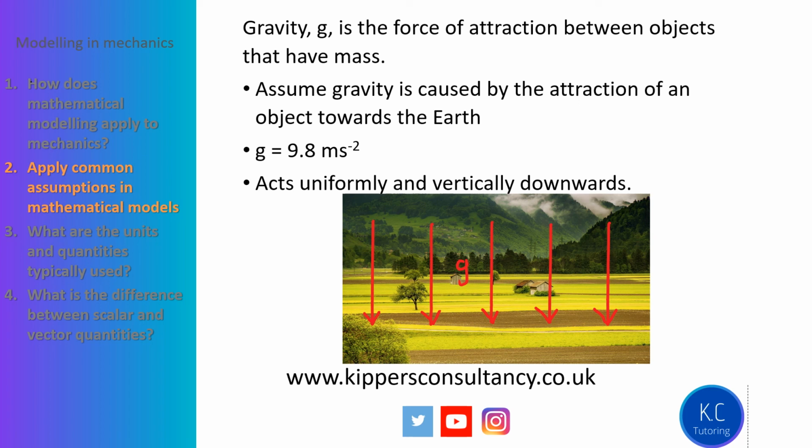We always say it acts uniformly and it always acts vertically downwards. Hence you can see in the diagram a field with the lines of gravitational force acting downwards and equally spaced, showing their uniformity.